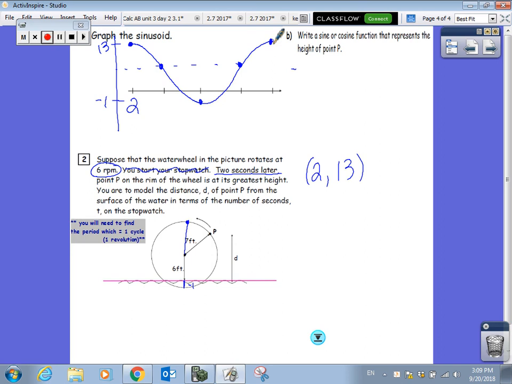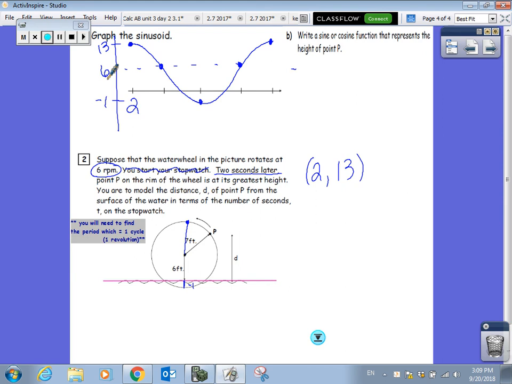But now we need some information to fill in in order to write the function. First we can figure out the middle value: 13 and -1 divided by 2 is 6. That's kind of tricky on this one. The radius is 7, so this distance is 7, which makes this 6.